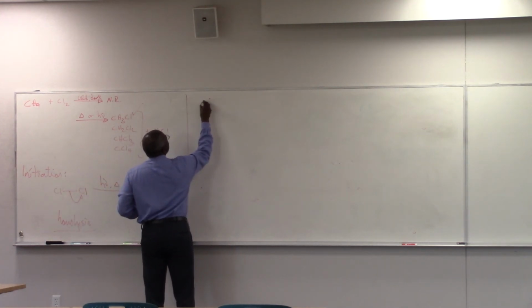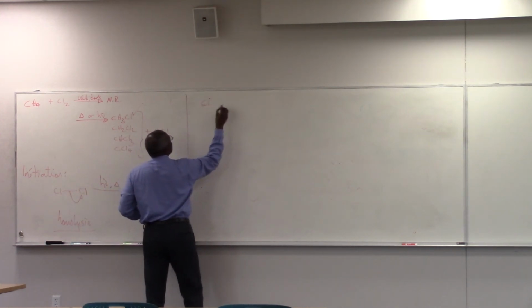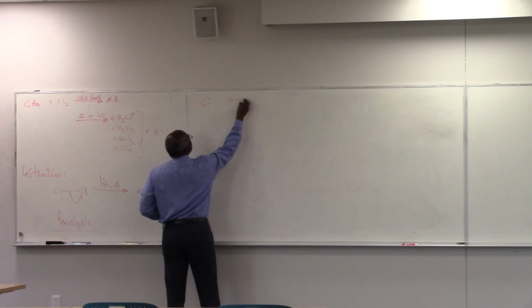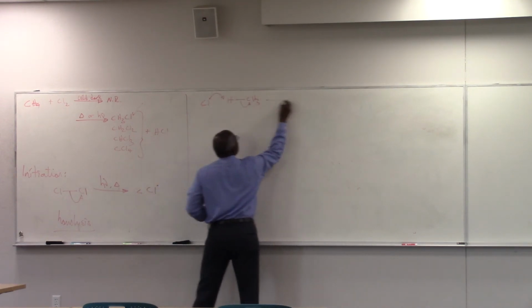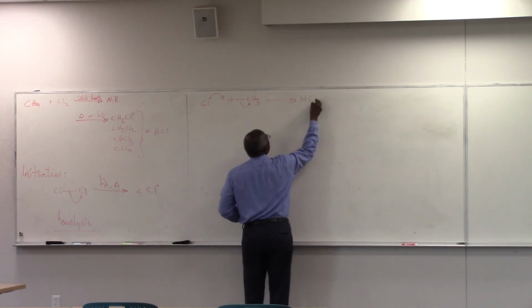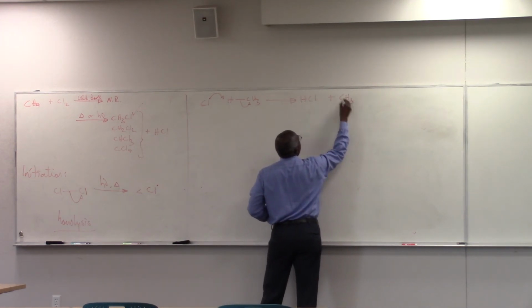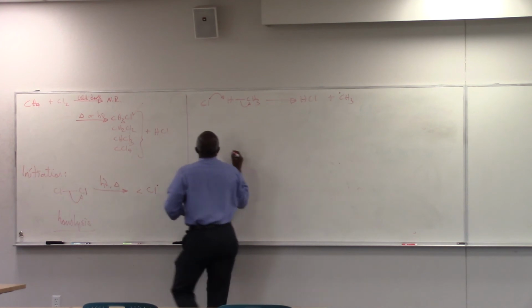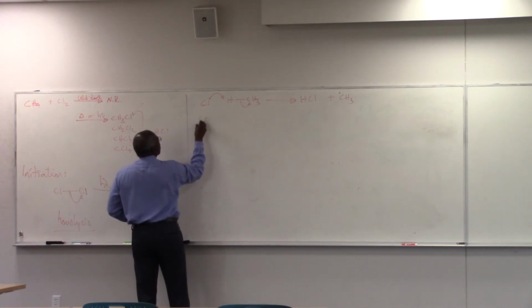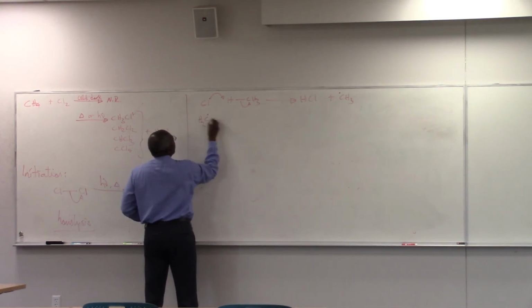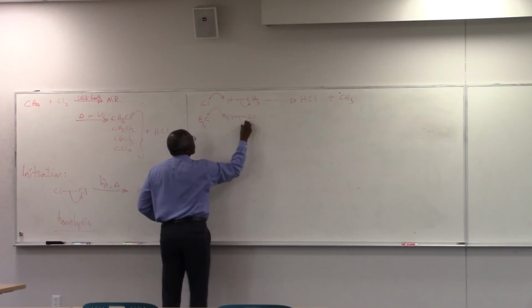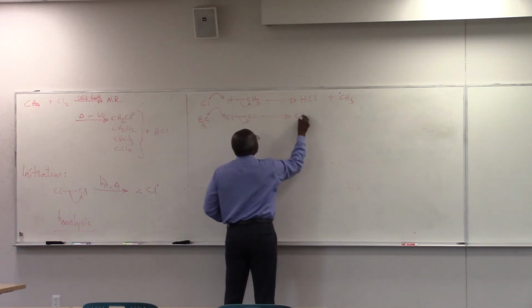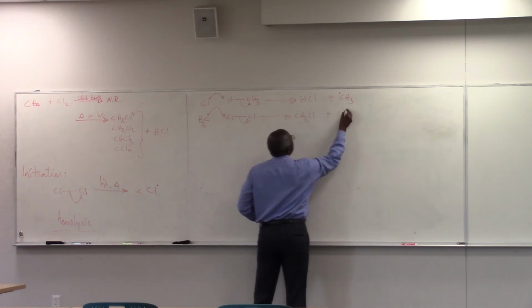Cl dot attacks methane in a propagation step, we get HCl and CH3 dot. And then the CH3 dot attacks chlorine to give rise to CH3Cl plus Cl dot.